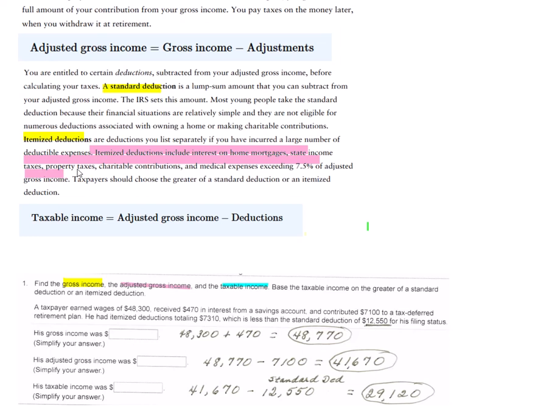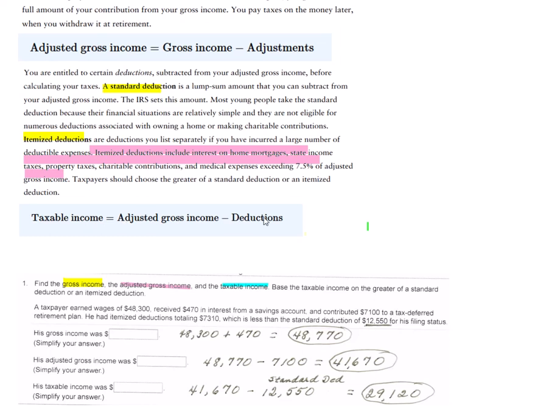Property taxes, yes. Charitable contributions, yes. And medical expenses if they exceed 7.5% of your adjusted gross income. Taxpayers should choose the greater of the standard deduction or the itemized deduction.